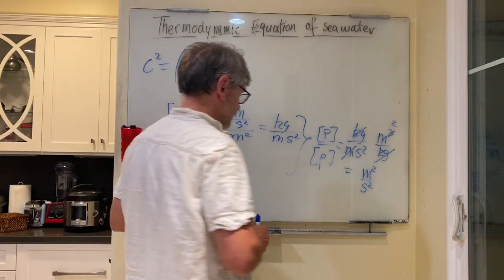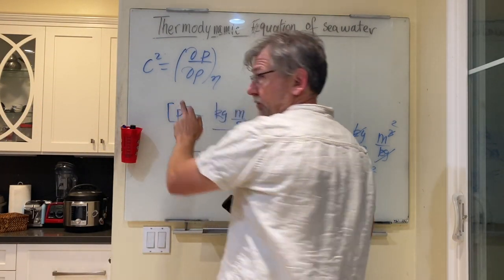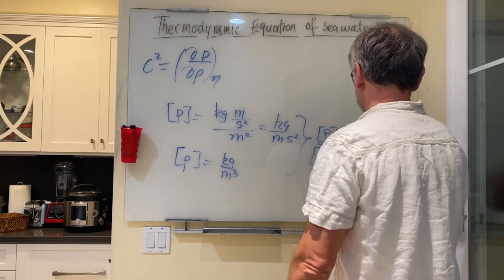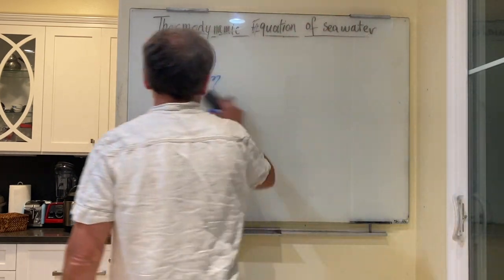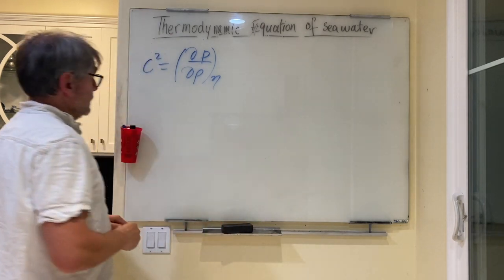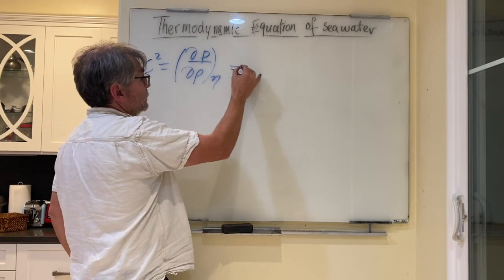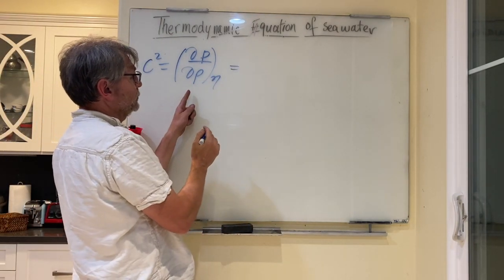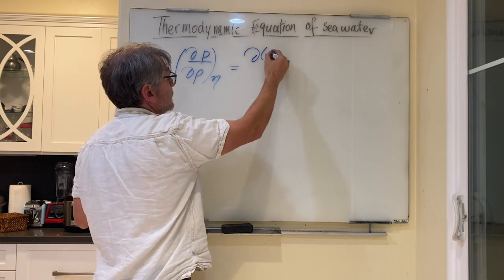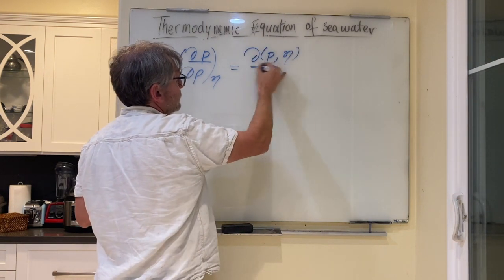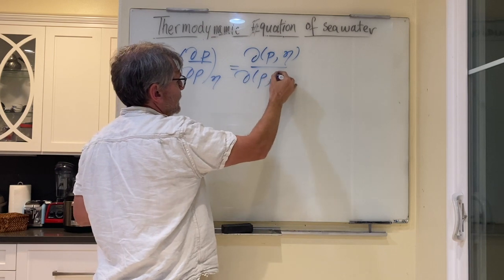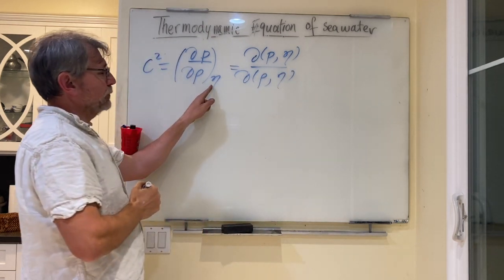Okay, now we want to express this in terms of the Gibbs potential. All right, so let's do that. So the first thing is we'll write this as a Jacobian determinant. So that's d p and eta over d rho and eta, where we've introduced the variable that we're holding constant.